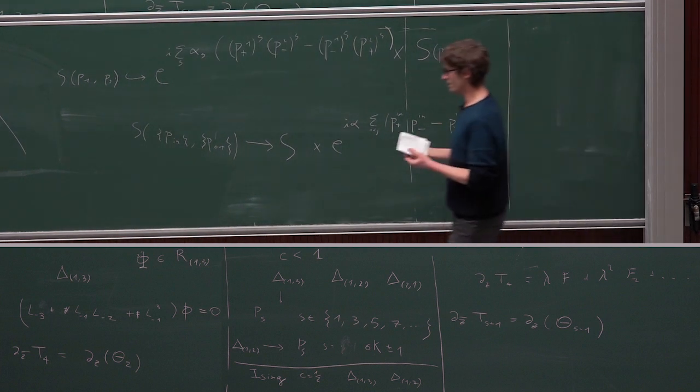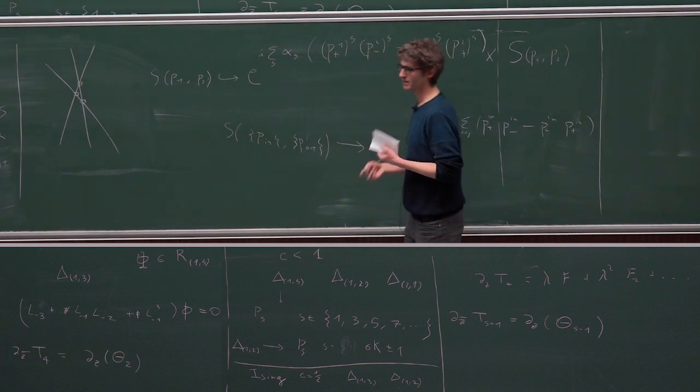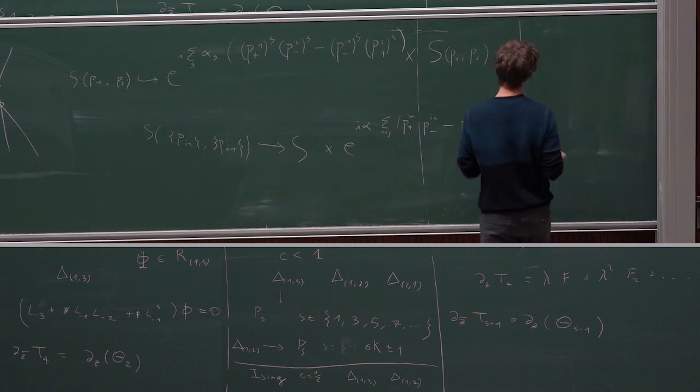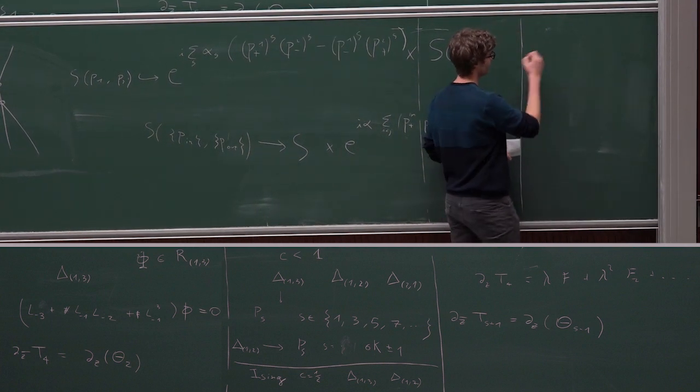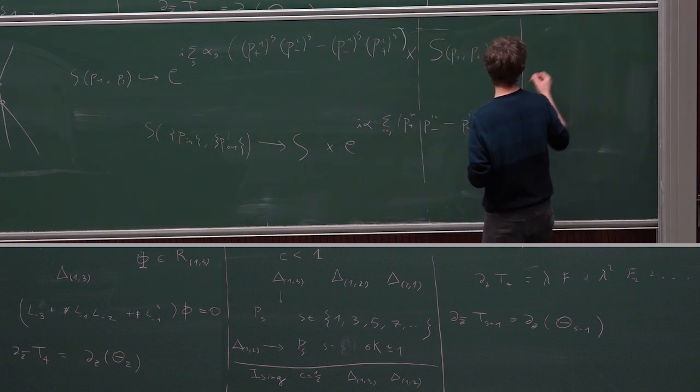And so this suggests that there is an infinite family of deformations of your integrable models that will preserve integrability. And the interpretation of Zamolodchikov is that these shifts are in one-to-one correspondence with deformations of the theory.